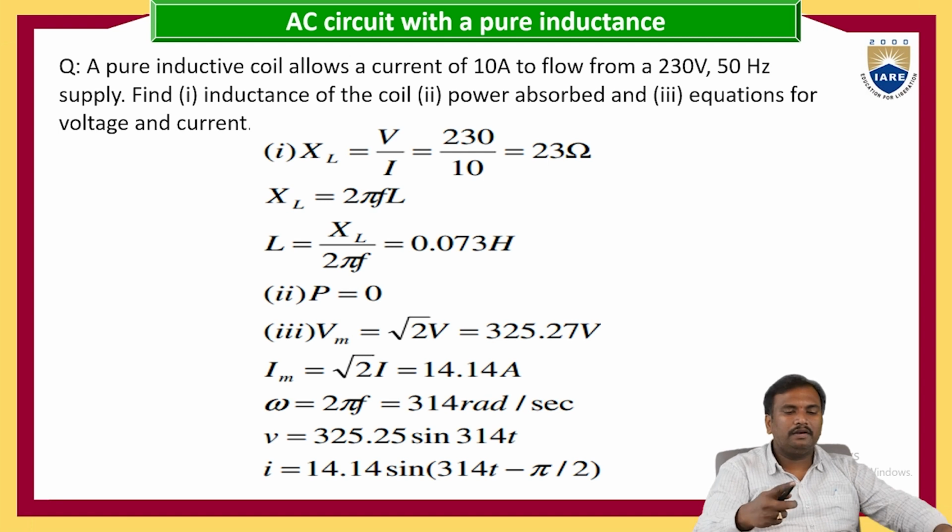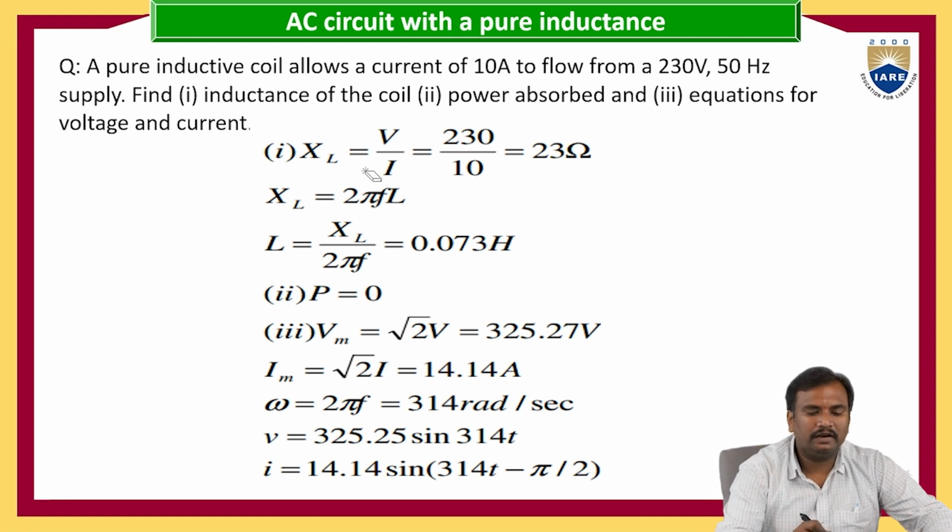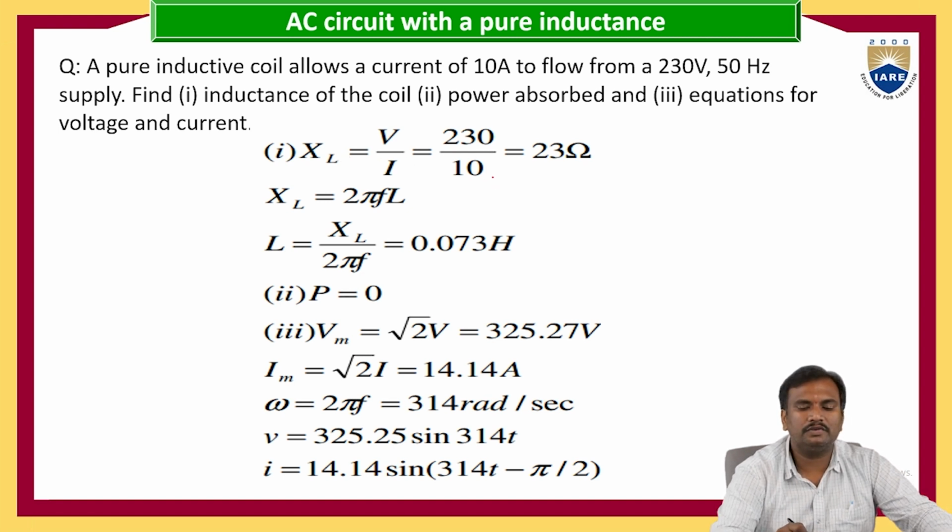So here XL, the inductive reactance, is equals to V by I, that is 230 by 10, that is 23 ohms. Now we got the XL value as 2 pi FL, that is omega L, where L is equals to XL by 2 pi F. Here the frequency value is given as 50 Hz.